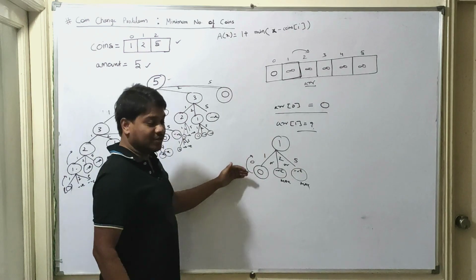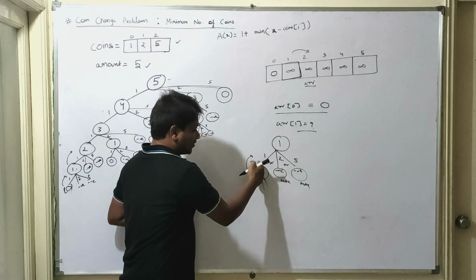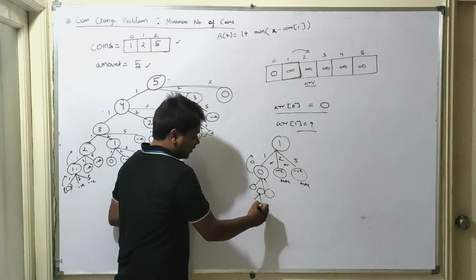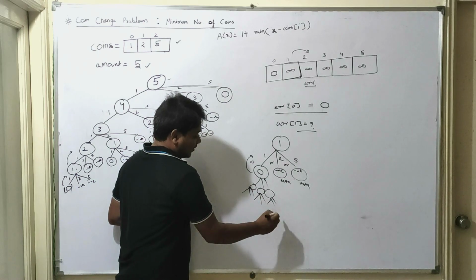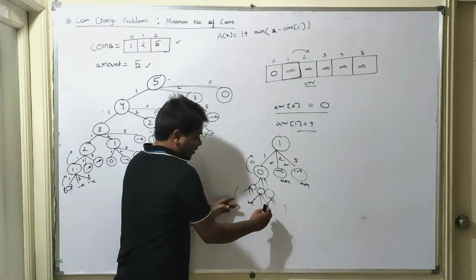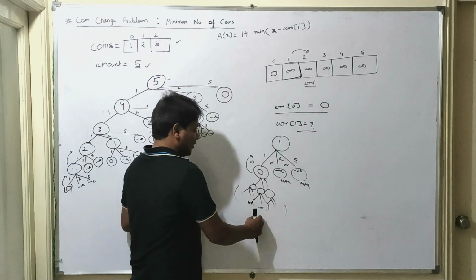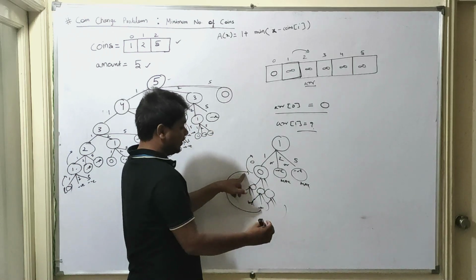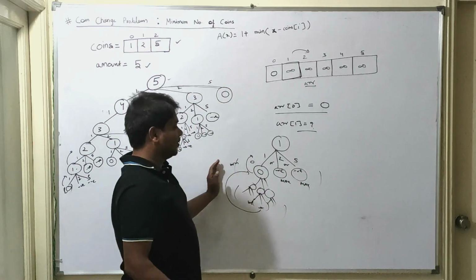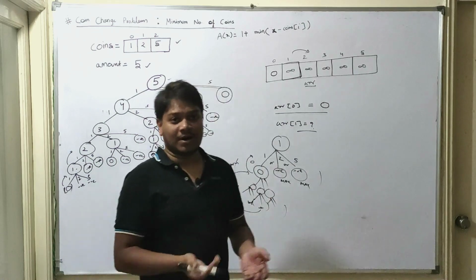Out of these 3, we'll choose the minimum path at this level and return the minimum value, and so on until we reach the target amount.